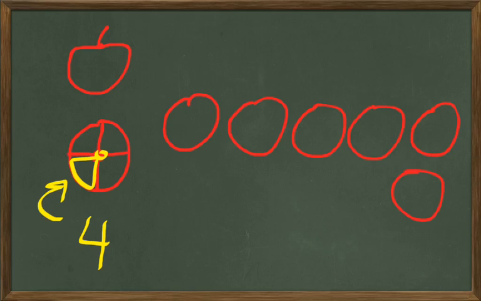All right, let's say each of those is quartered. So we got 6 apples. So how many quarters are in all 6 of those apples? Well, 4 times 6 is how many quarters. 4 times 6 is 24 quarters. Very good.